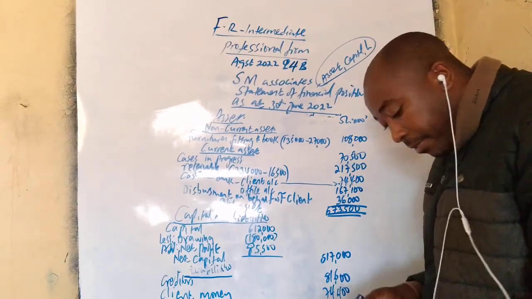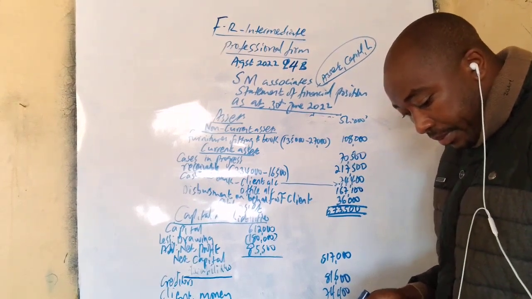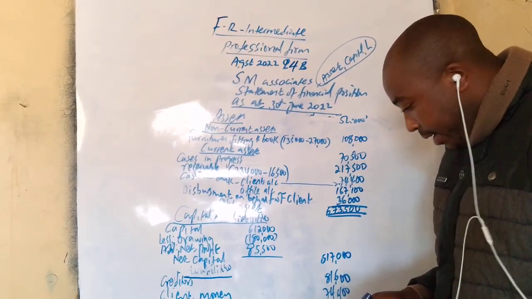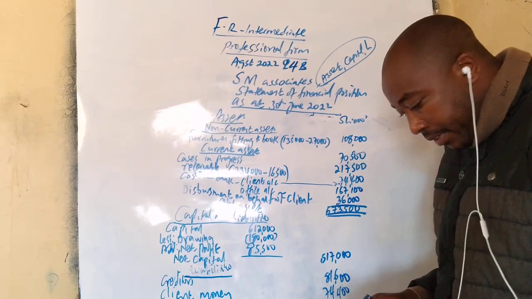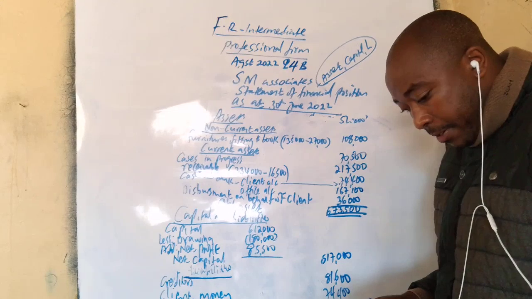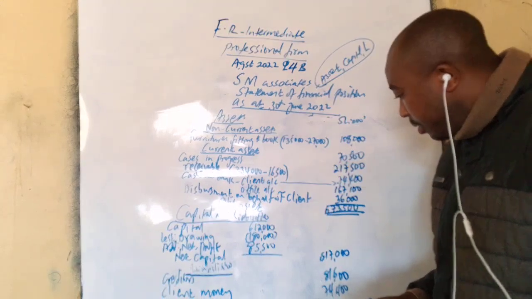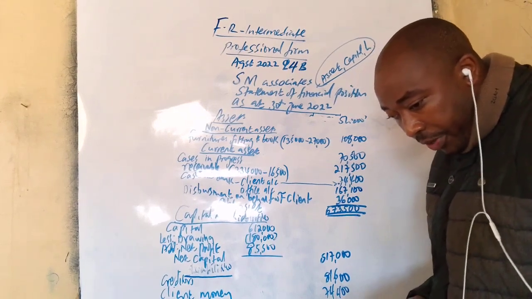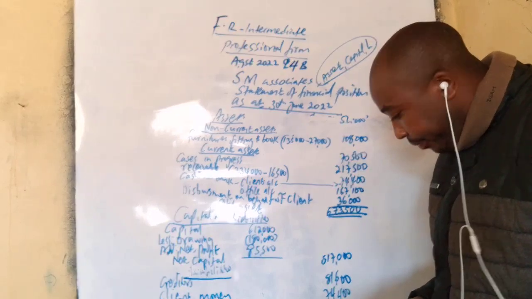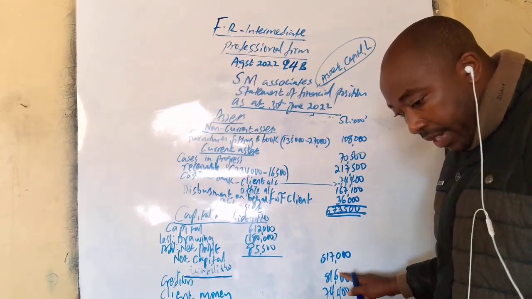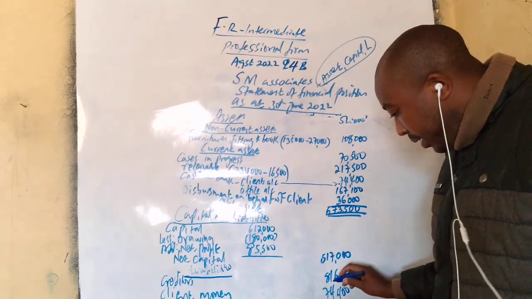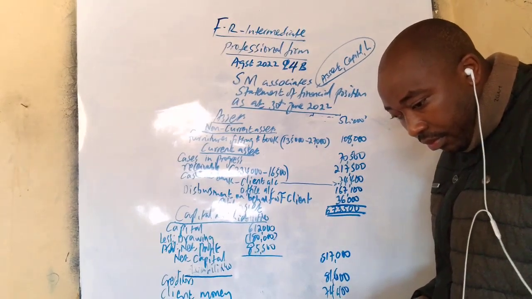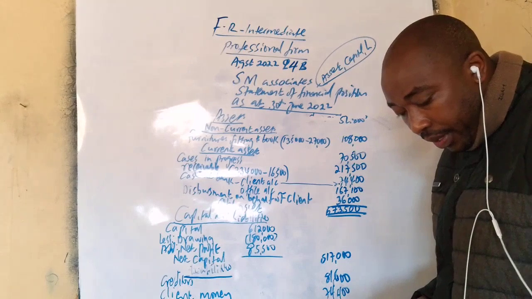Take 517 thousand plus 81,600 plus 74,400. How much are we getting? Remember, this is 81,600.